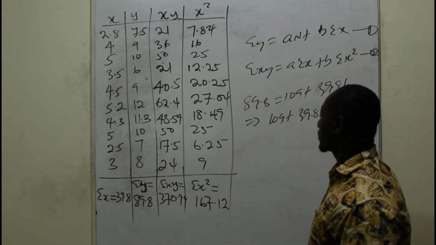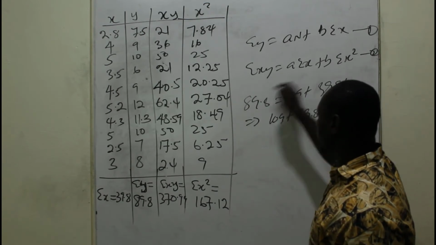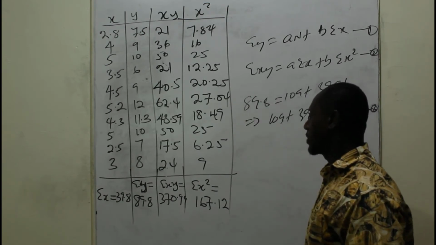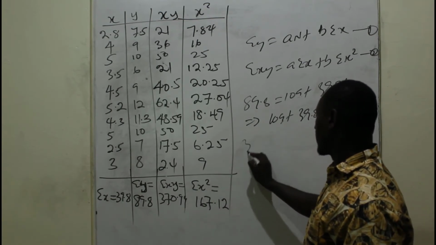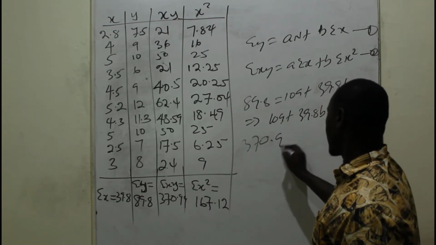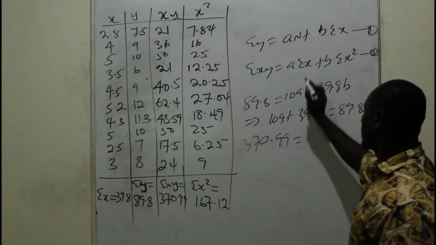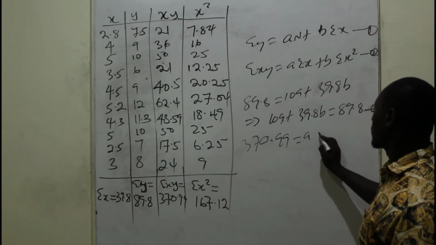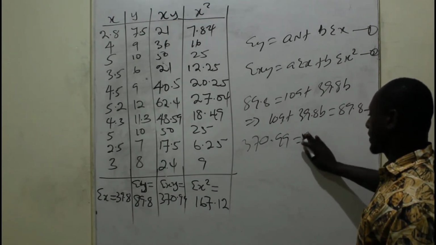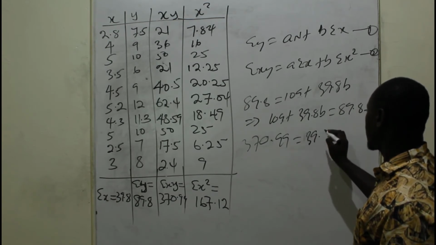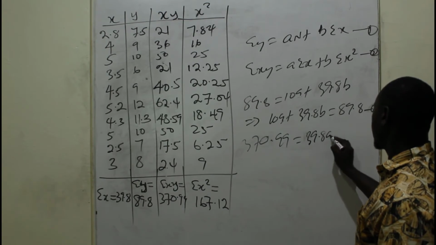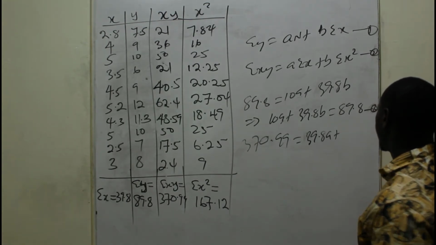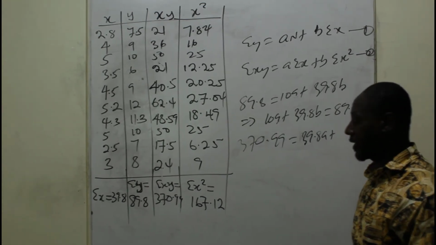And then I'm going to also substitute into equation 2 to get another form. So in equation 2, summation of xy. Summation of xy is what? 370.99 is equal to A, I don't know, times summation of x, which is 39.8A plus B, I don't know, but I know summation of x squared.